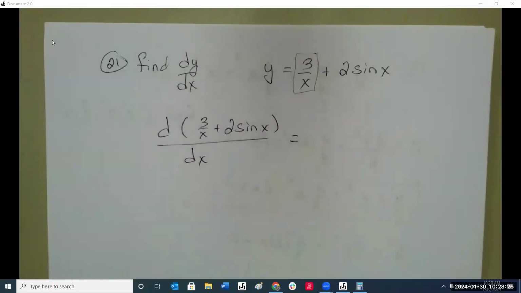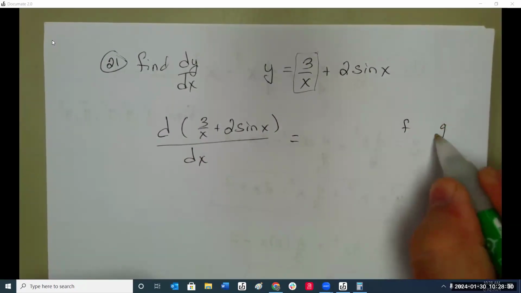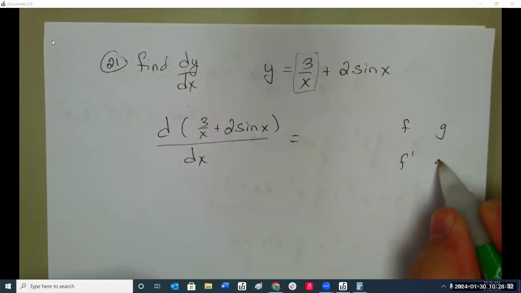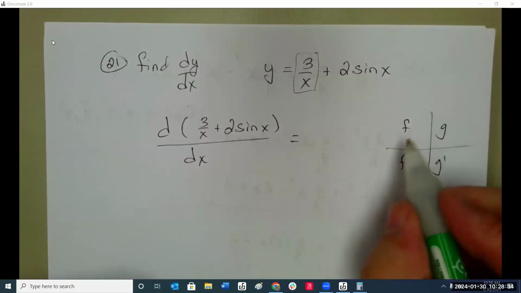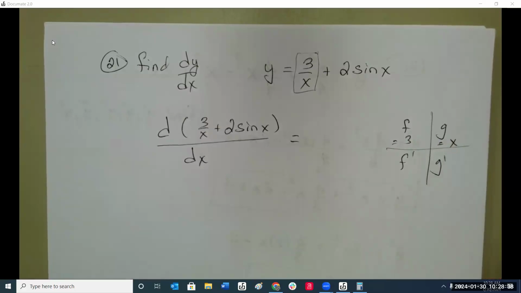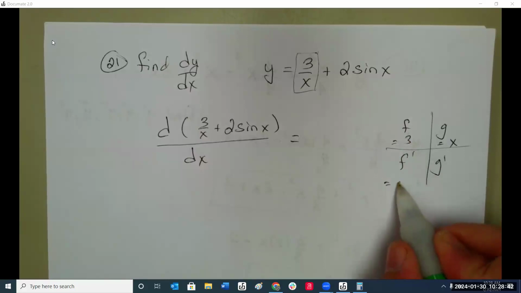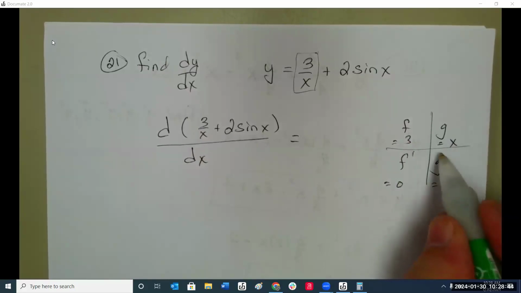So let's do the first one. So we have the f, g, f prime, g prime. 3x. Derivative of 3 is 0. Derivative of x is 1.